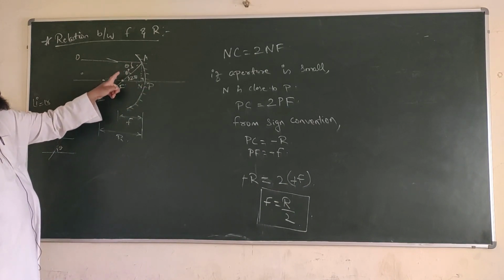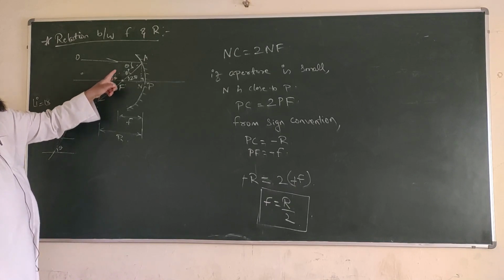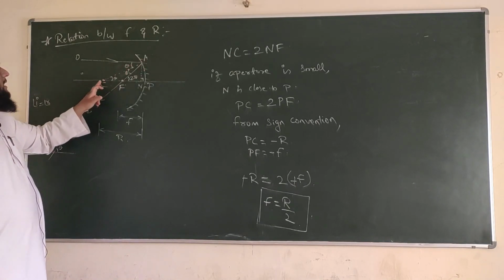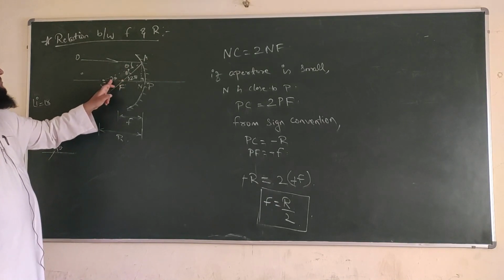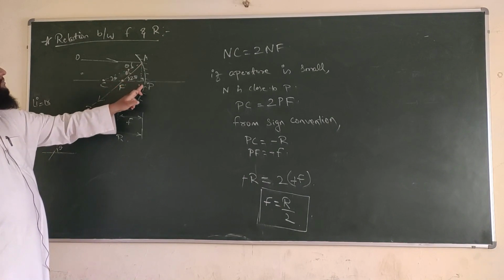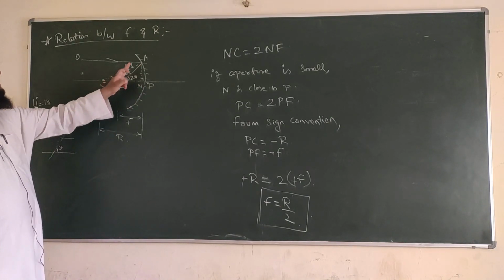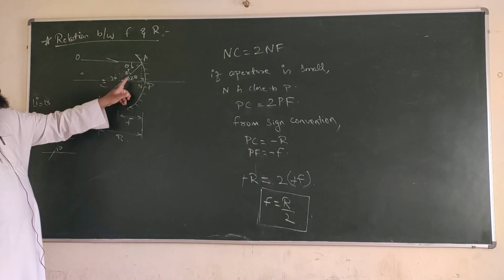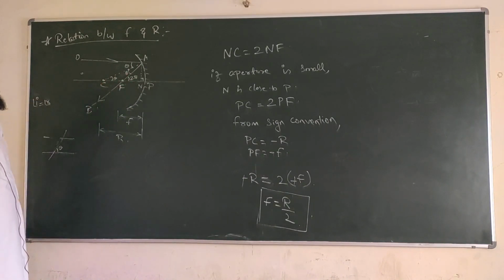So these two are theta. After that, considering triangle ACF, the exterior angle is equal to the sum of the interior angles. Therefore, AFP is equal to CAF plus ACF. So AFP becomes theta plus theta equals 2 theta.